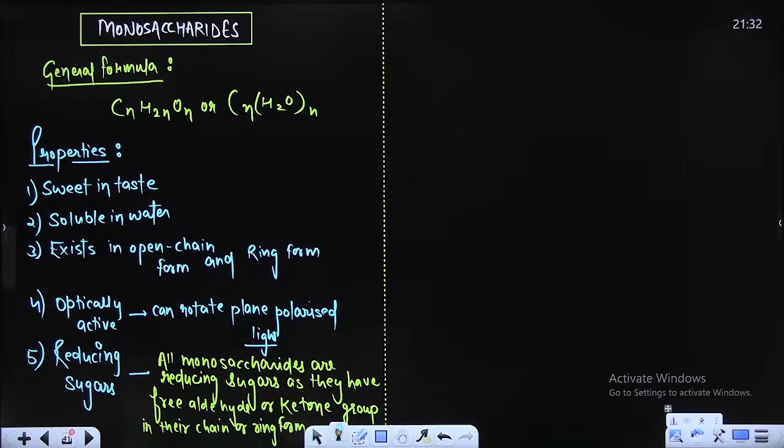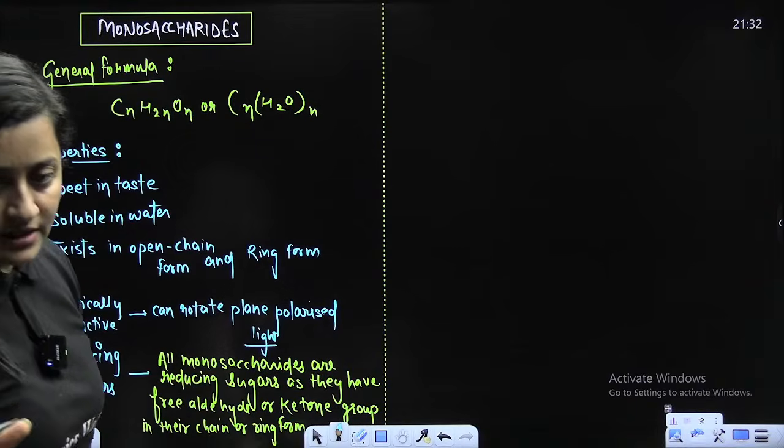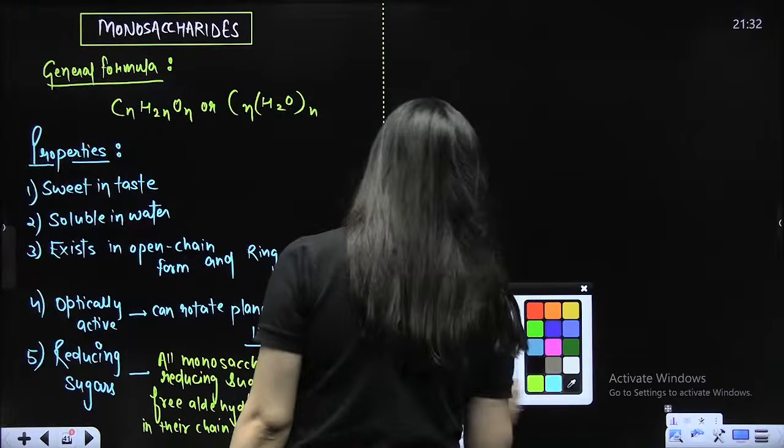But tell me, up to this part all clear? Yes, Hishima is right. They have a free aldehyde or ketone group.